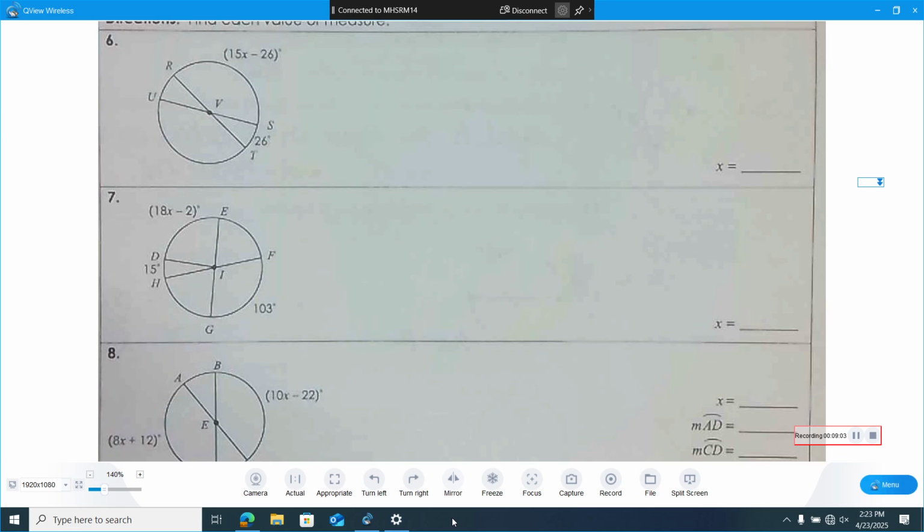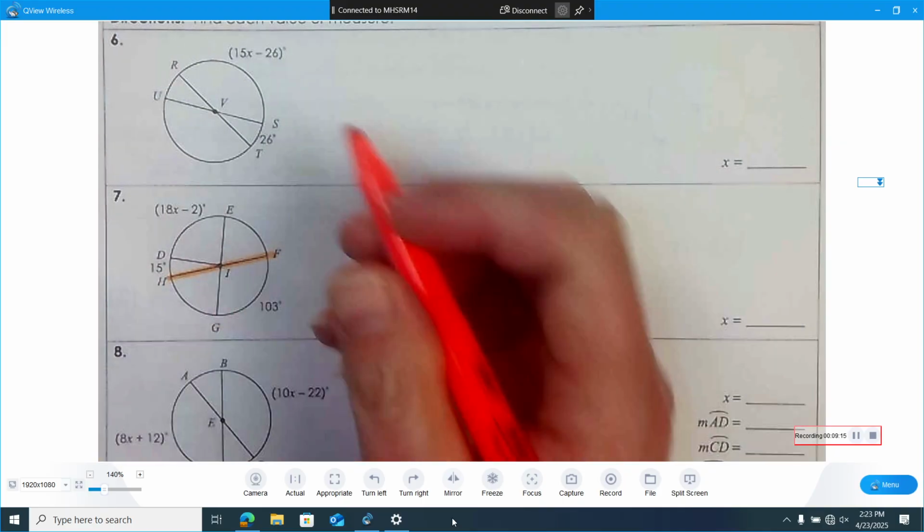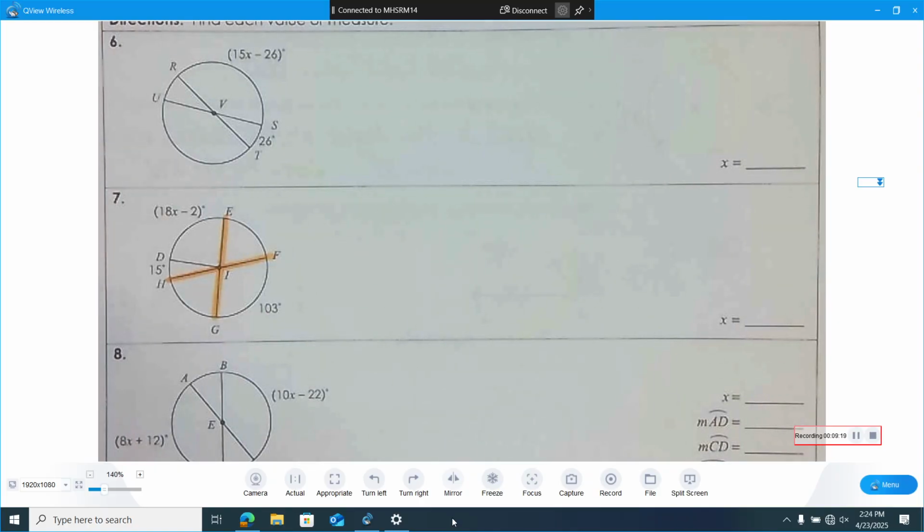All right, again, it's a good idea to look carefully at your circle and identify some things that you notice. What do you notice about this circle? Got some diameters here. I have HF. I've also got EGR diameters. What else do you notice? Oh, that's true, yeah.